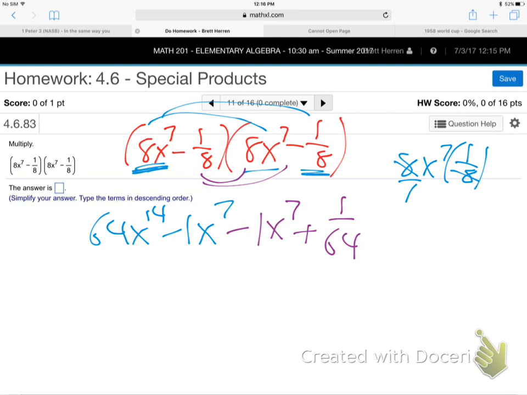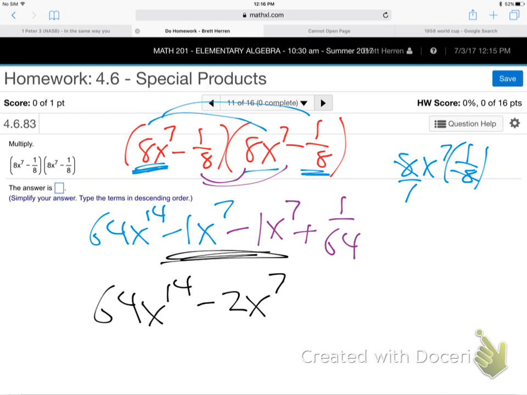We good to there? This making sense? And then the middle two are like terms. Minus 2x to the 7th.